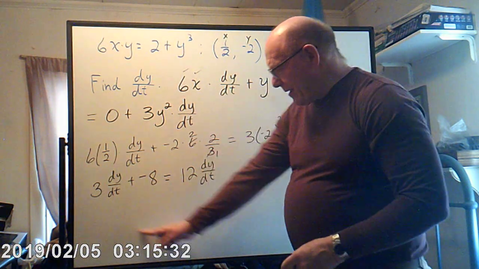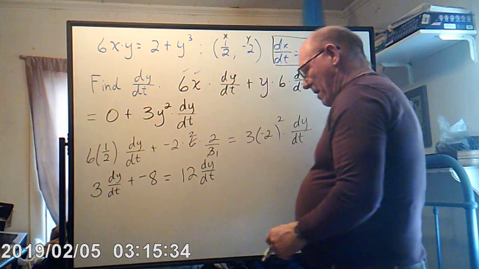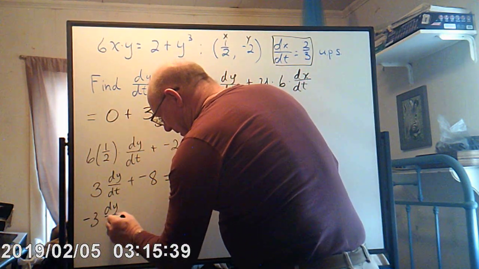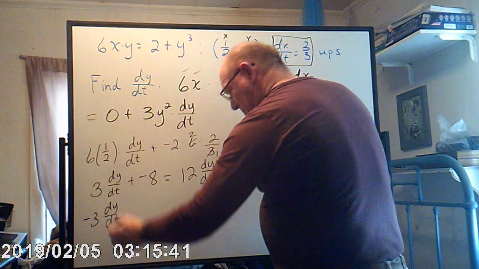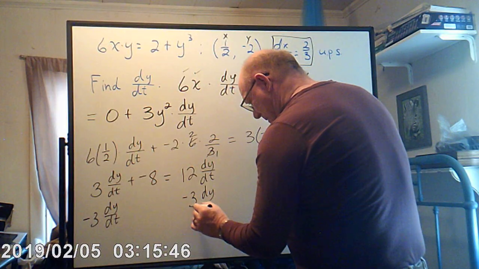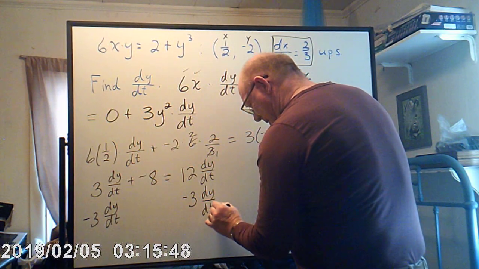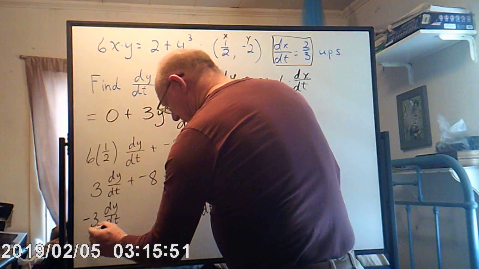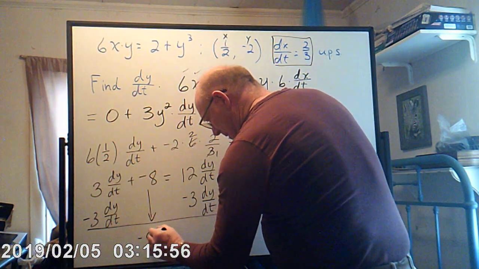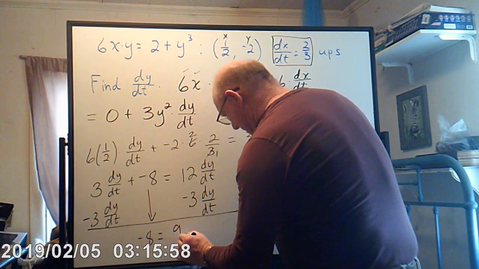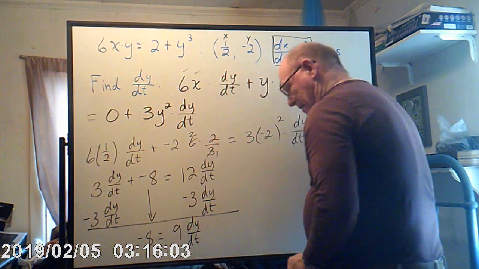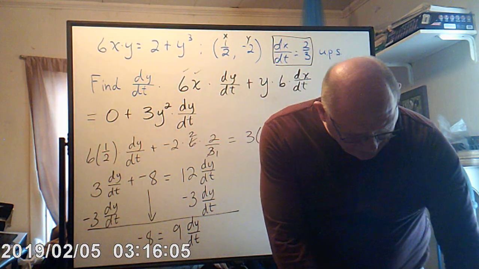Let's take this over here now. -3 dy over dt, just subtracting that on both sides. And we get -8 is equal to 9 dy over dt. Alright, that's what I've got so far.